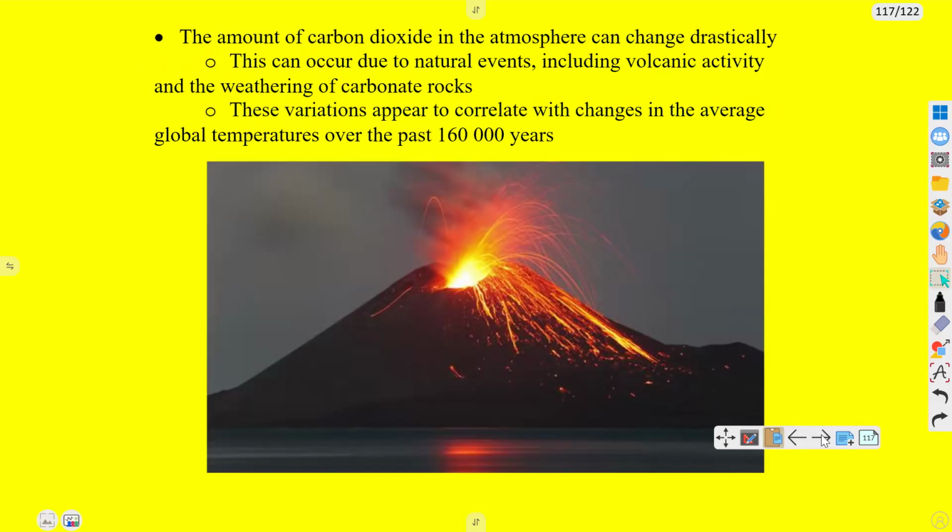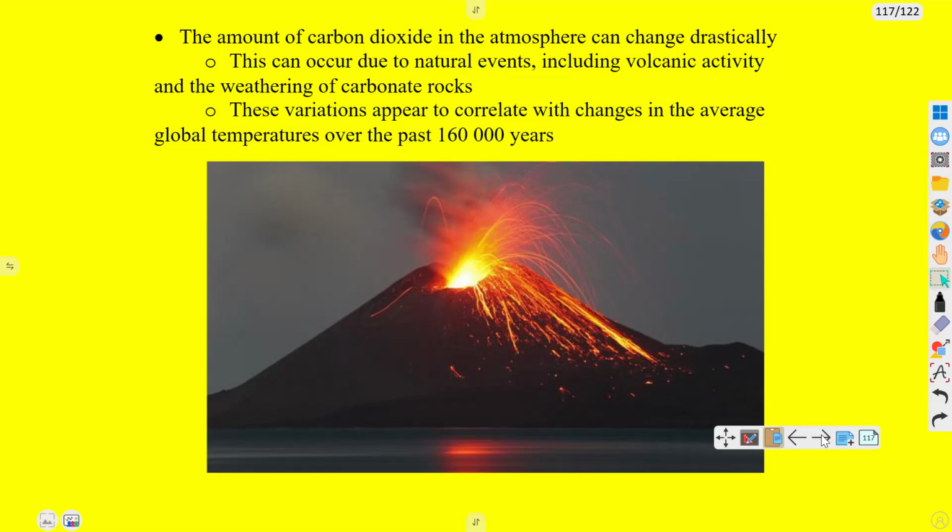Now, the amounts of carbon dioxide in the atmosphere change fairly often, and they can change quite drastically. Volcanic activity releases a lot of carbon dioxide into the atmosphere, and we've talked about how volcanoes in the past have led to small climate variations within certain regions.